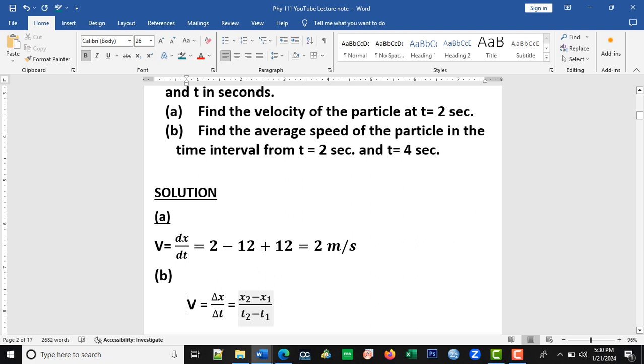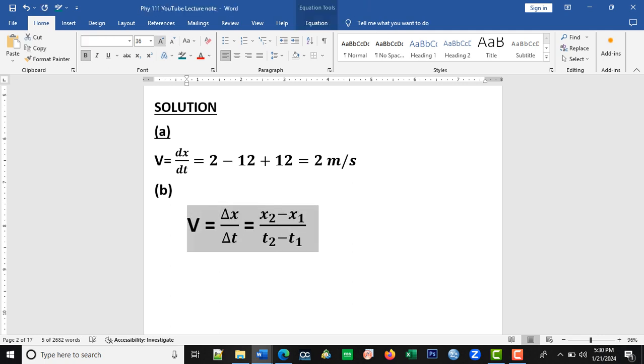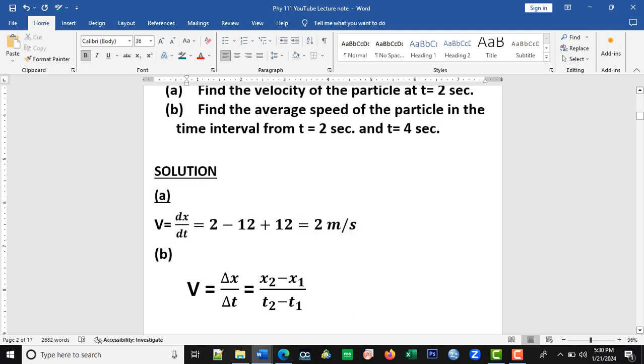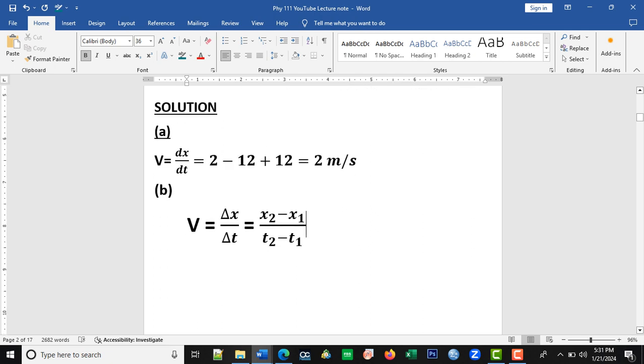To find average speed or average velocity, we have change in x all over change in t, or we can as well use x2 minus x1 all over t2 minus t1. So in the problem, we already have t1 to be 2 and t2 to be 4 seconds. So it is left for us to find x2 and x1.